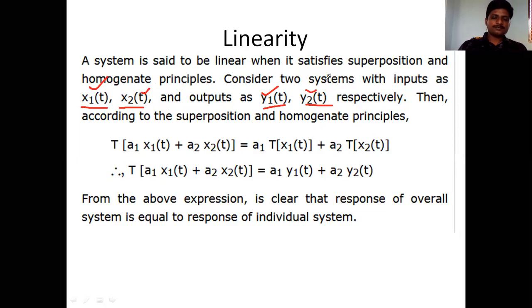So that is how you have to understand it. After that, I am going to multiply x1 with a1, which is a constant, and x2 with a2.